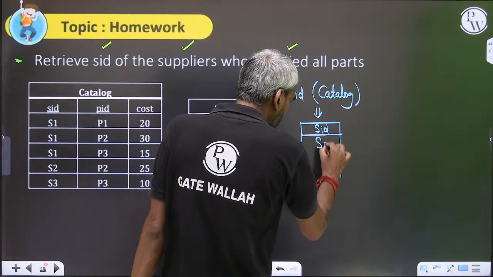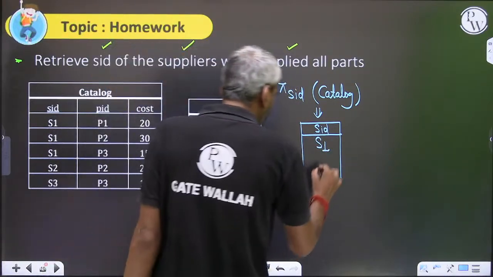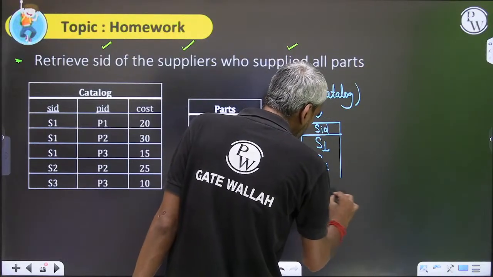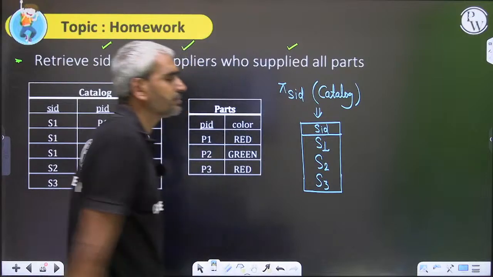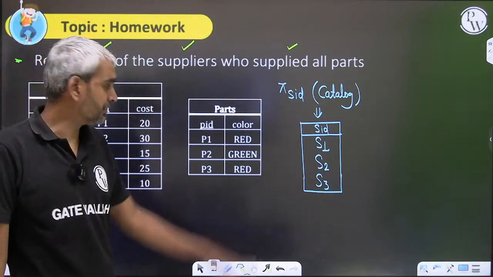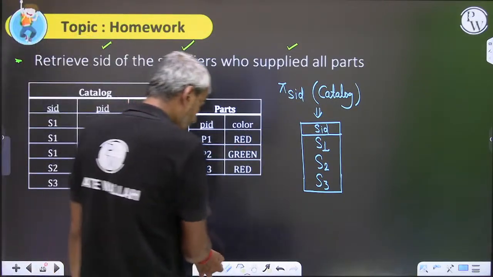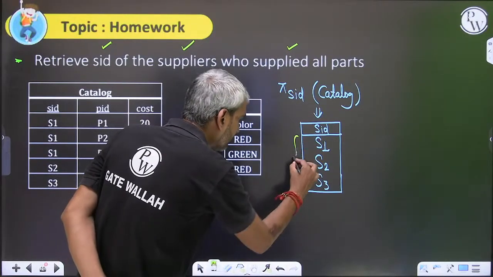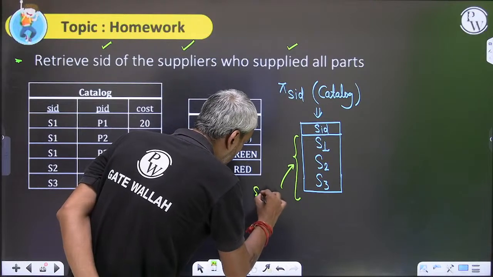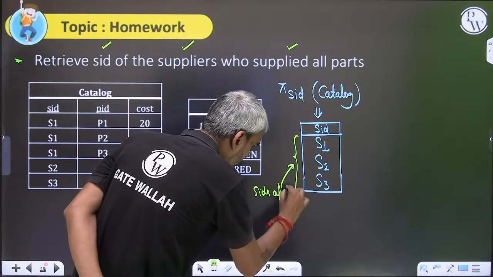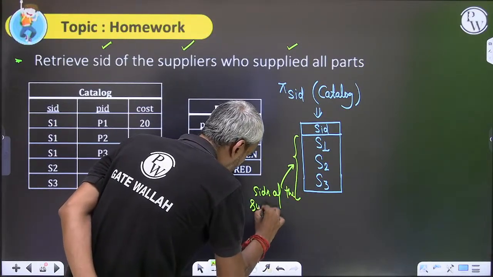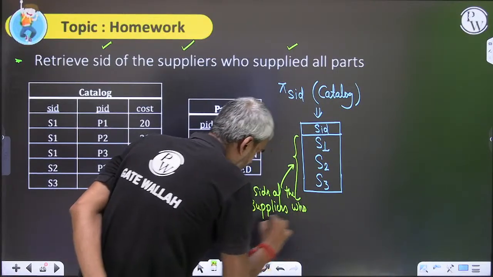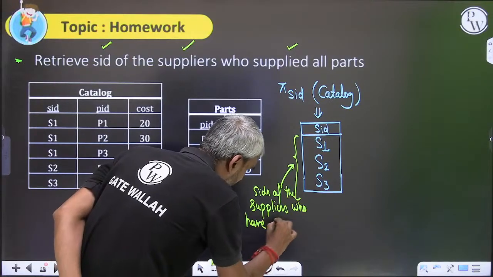So in the output, you will get S1, S2 and S3. Obviously. Why? Because the relational algebra query will always produce distinct tuples. Another thing: these are the SIDs of the suppliers who have supplied some parts.